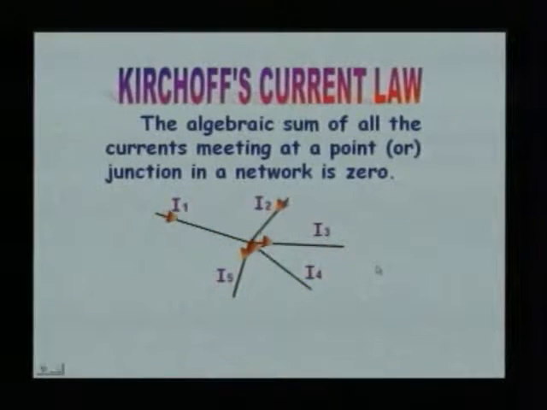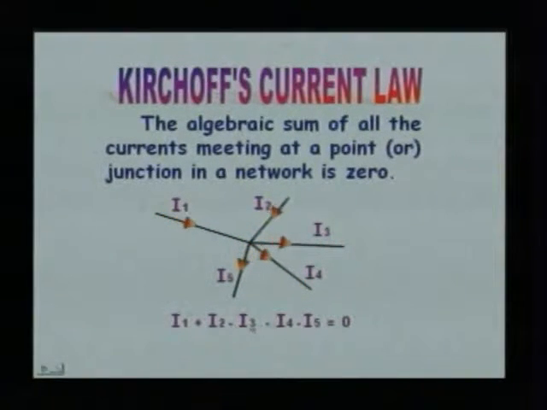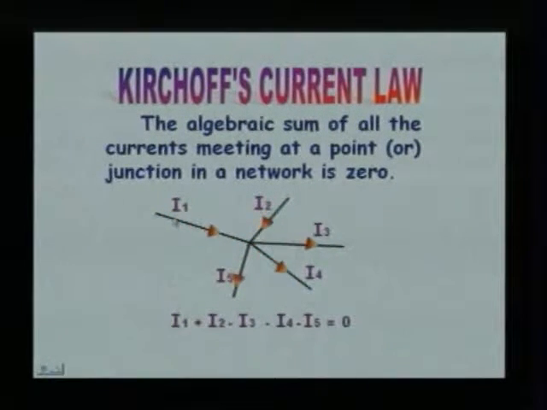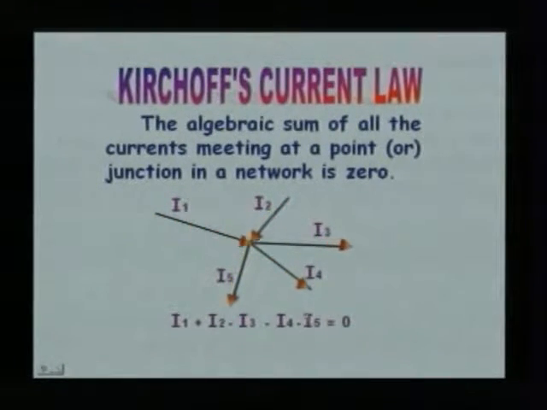So, we can state this equation as I1 plus I2 minus I3 minus I4 minus I5 is equal to 0. As we can see, both I1 and I2 are closing towards the junction, whereas I3, I4 and I5 are moving away from the junction. That is why we have taken them as negative. So, the entire algebraic sum is equal to 0.